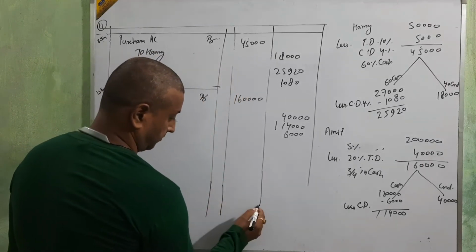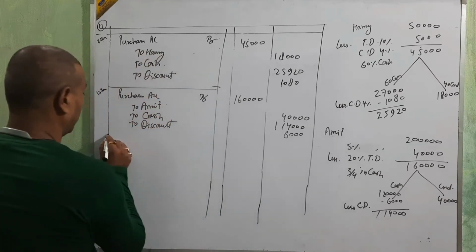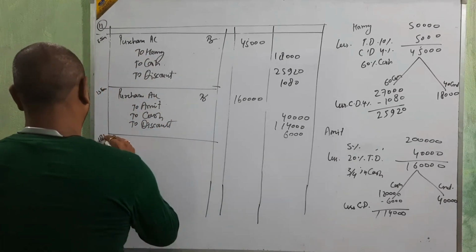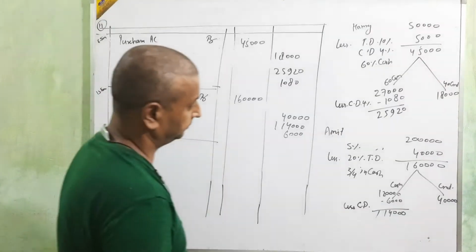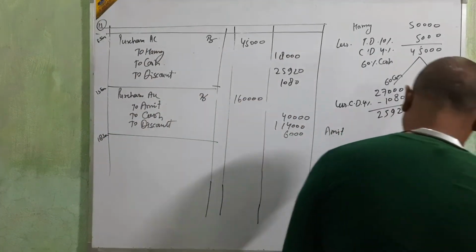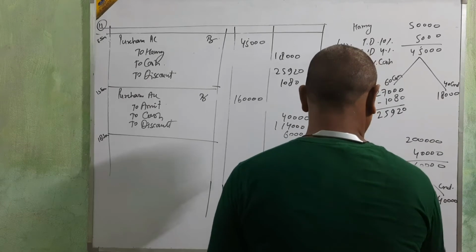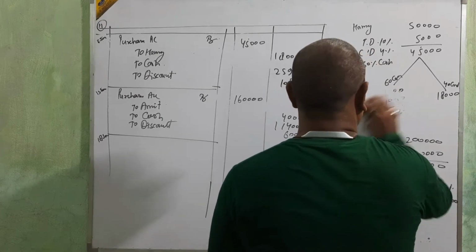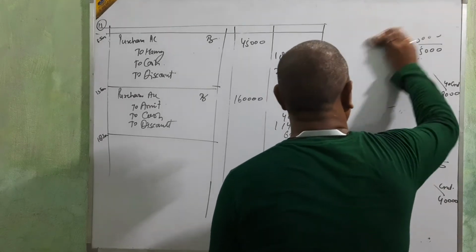January 18th. 18 Jan. Okay? Sold goods to Sherpa at the list price of 50,000.